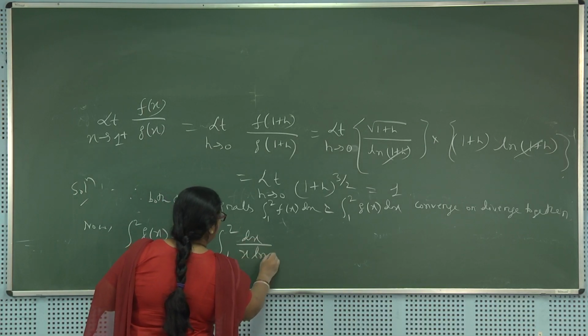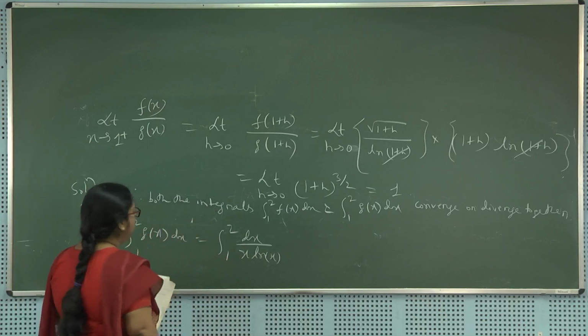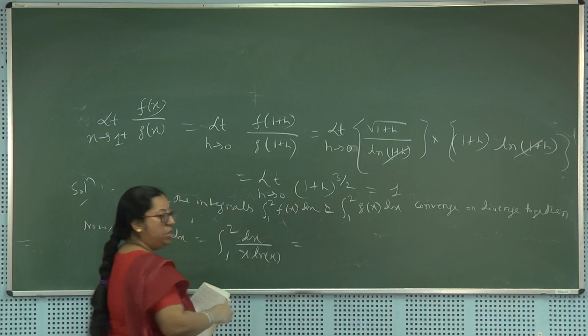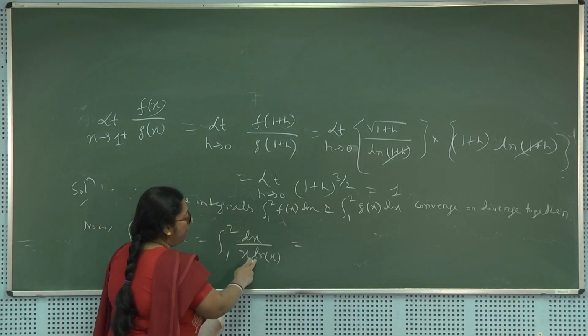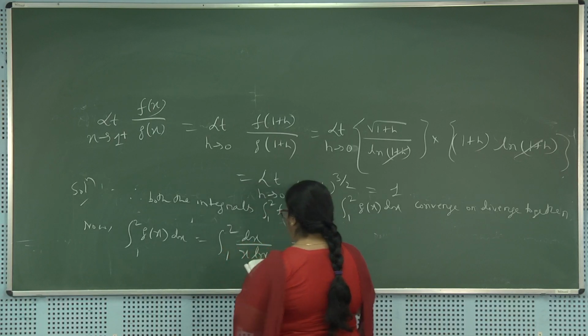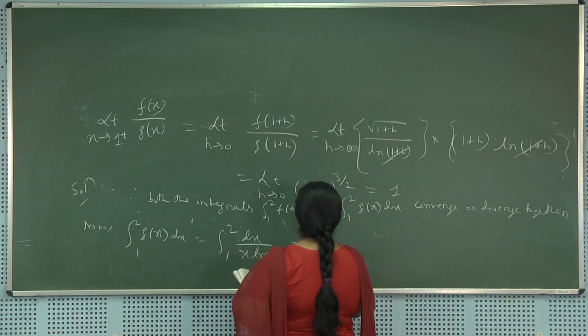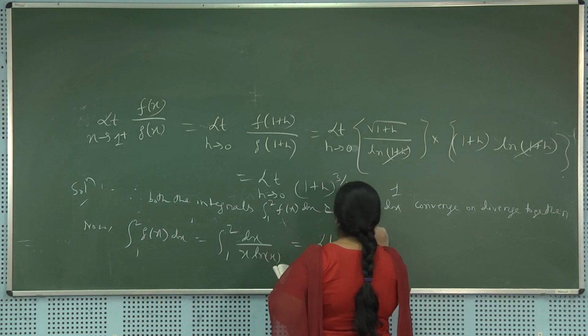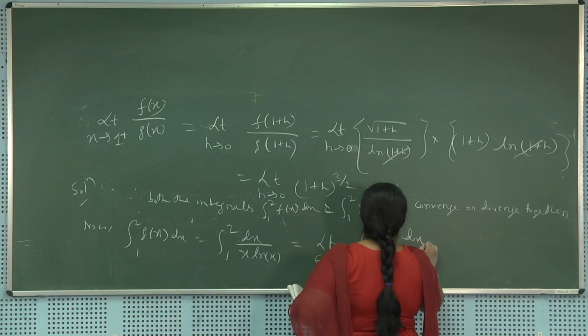Remember, we have chosen g x to be 1 upon x log x. So, again 1 is the point of infinite discontinuity because log of 1 is 0. So, in the denominator we have 0. So, this will be limit epsilon tends to 0 integral 1 plus epsilon to 2 dx upon x log x.